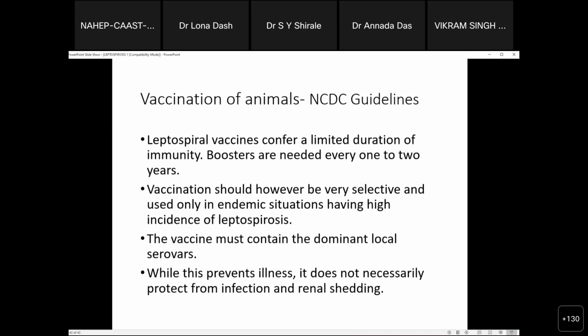The authorities took up the case, and the team from the referral laboratory came down to collect samples to find out which serovars were prevalent. They found that the serovars generally found in cattle and dogs were predominant in the patient samples, which was not a known case till then.